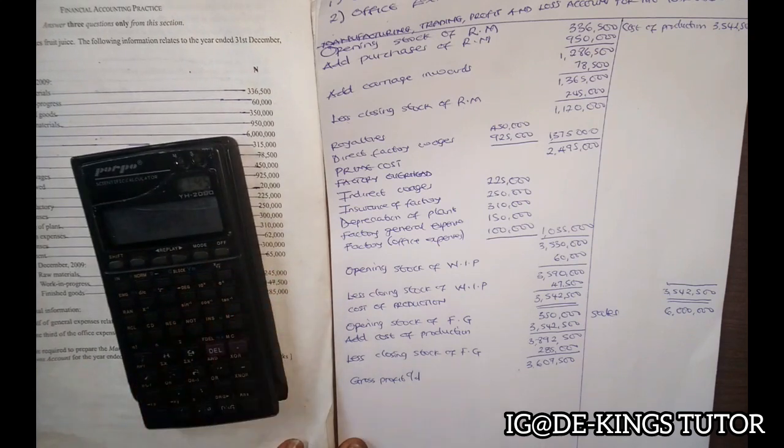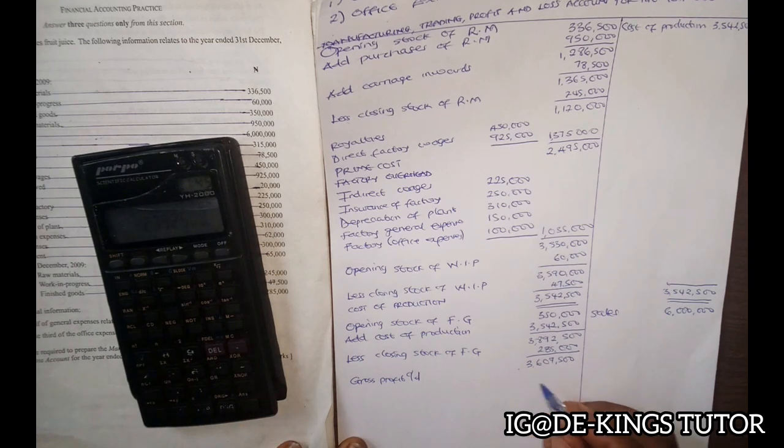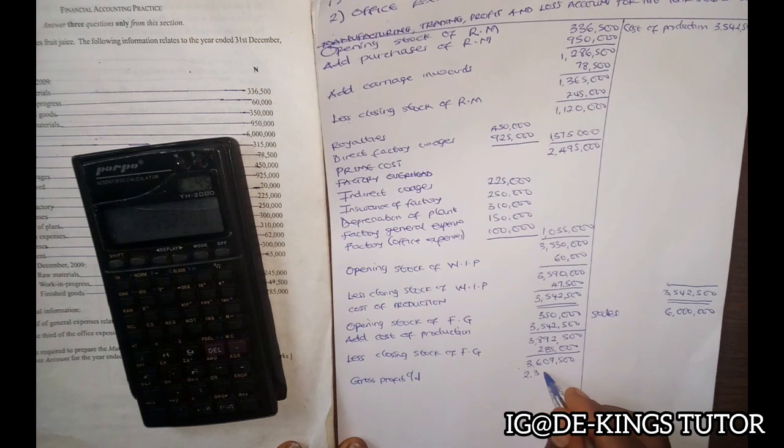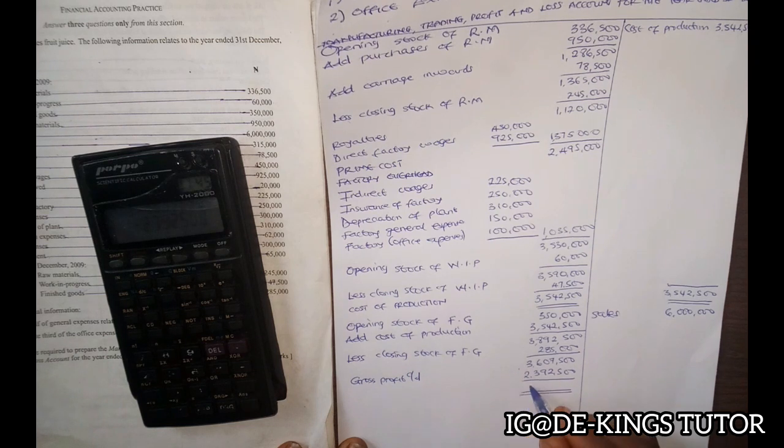So 6 million minus this will give us 2,392,500. Okay, so that everything boils down to 6 million.